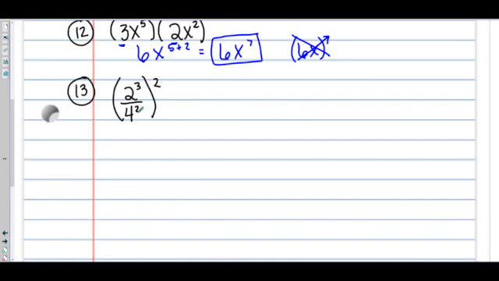And here, this is also power to a power. So we're going to keep the base. And power to a power, you multiply the power. So 3 times 2 is 6. Over, here you have 4 to the second power. And power to a power, you multiply the power. So 2 times 2. And we get 4 to the fourth power. Oh, and that's it. We're done.